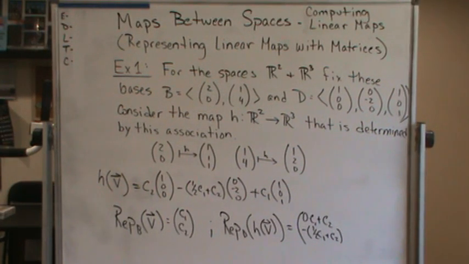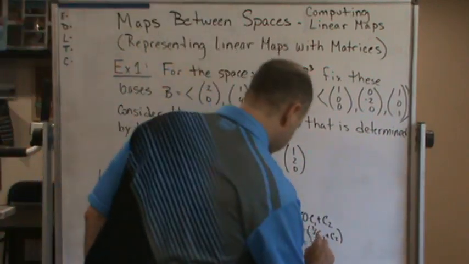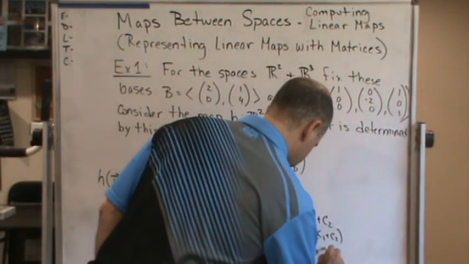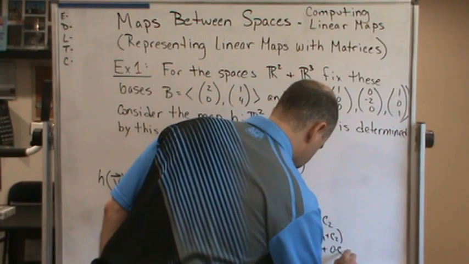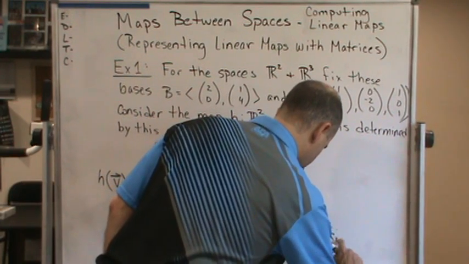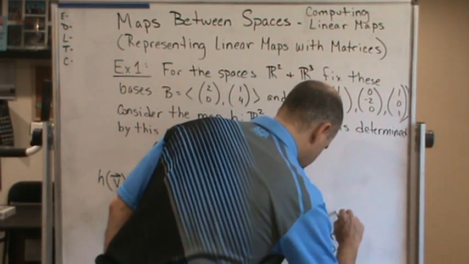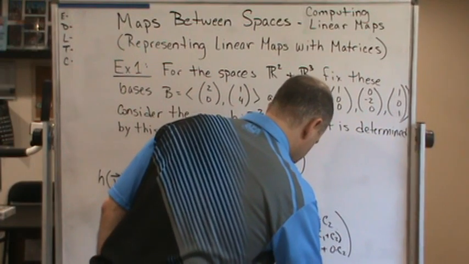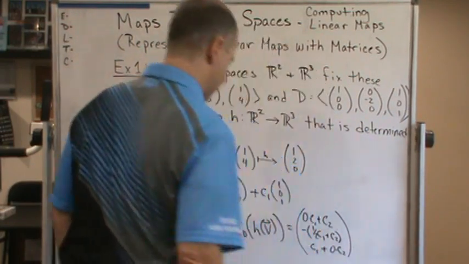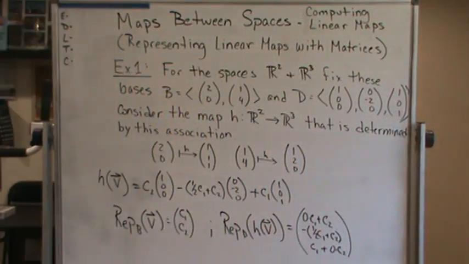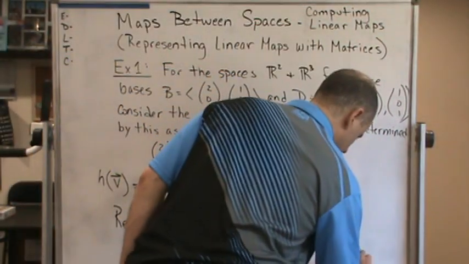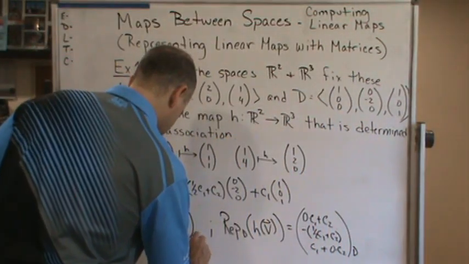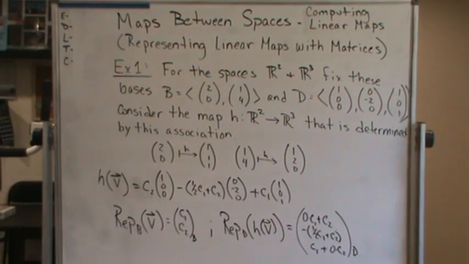And the last one would be C1 plus 0 C2. Oh, hold on. D goes here. V goes there.